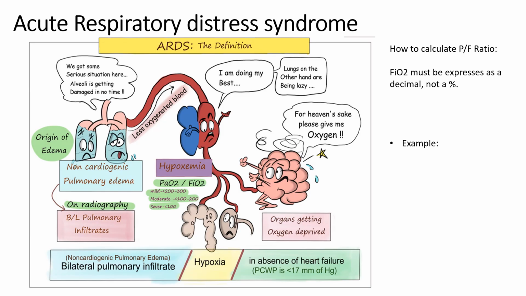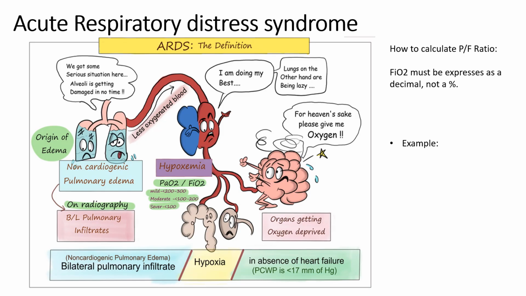If this were cardiogenic pulmonary edema, the pulmonary wedge pressure would be elevated. But in ARDS, the wedge pressure is normal, usually less than 18 millimeters of mercury. This helps clinicians rule out a heart problem and confirm that the issue is coming from the lungs themselves.